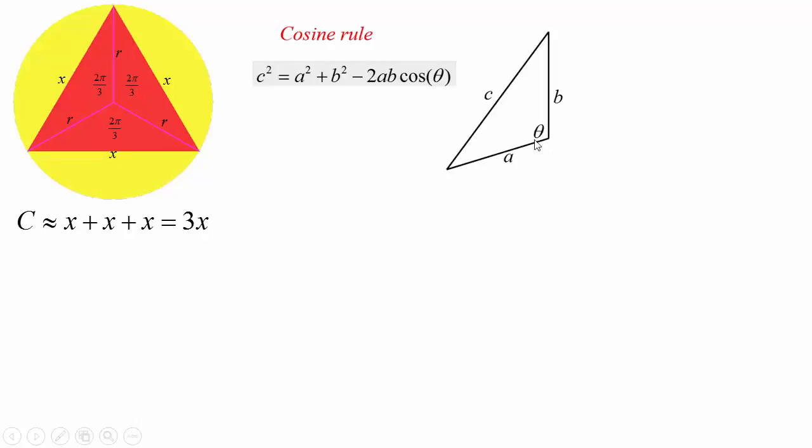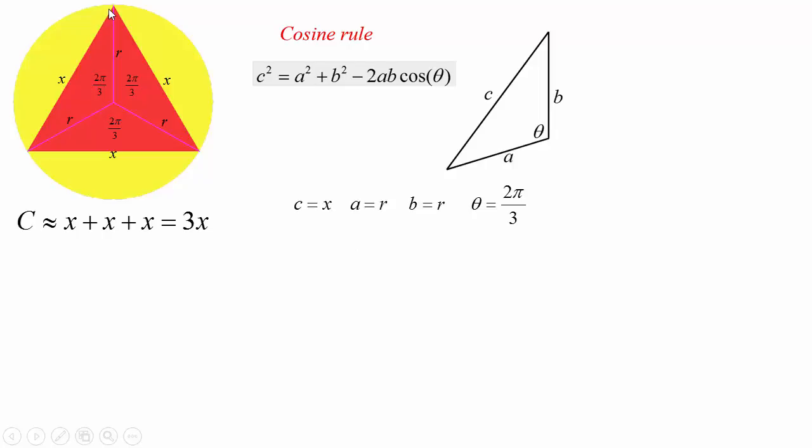We can work out an expression for x in terms of the angle and the radius by applying the cosine rule. Cosine rule applies to any triangle where you have an angle theta between two sides, and this is the formula that relates the three sides of the triangle and the angle.